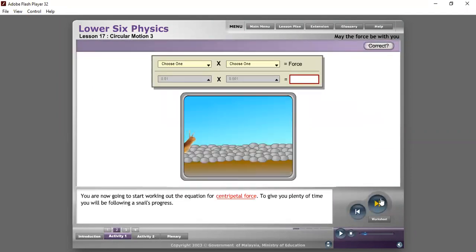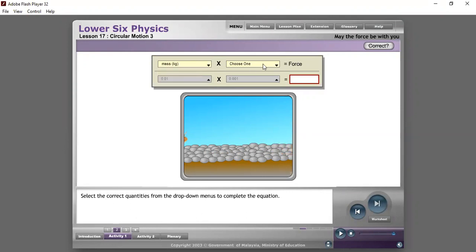You are now going to start working out the equation for centripetal force. To give you plenty of time, you will be following a snail's progress. Select the correct quantities from the drop-down menus to complete the equation.